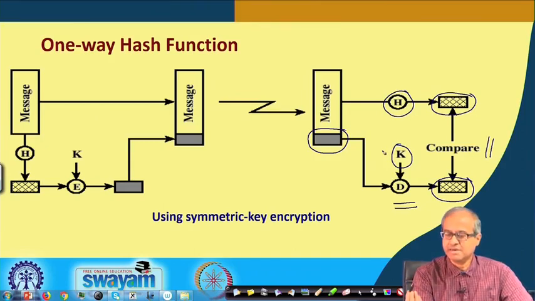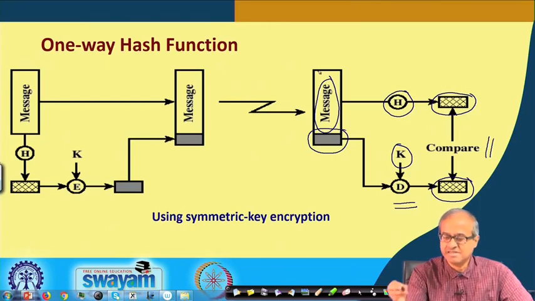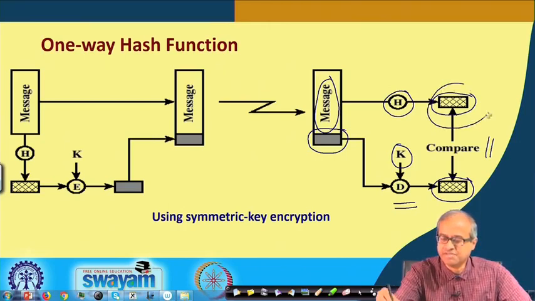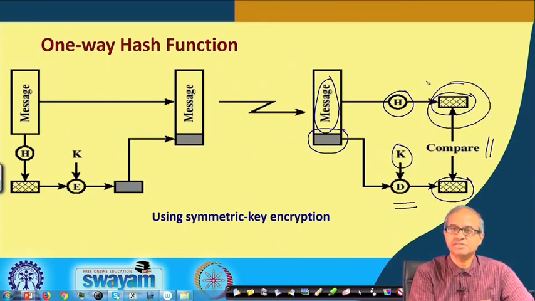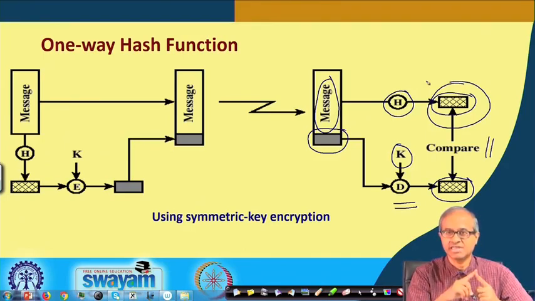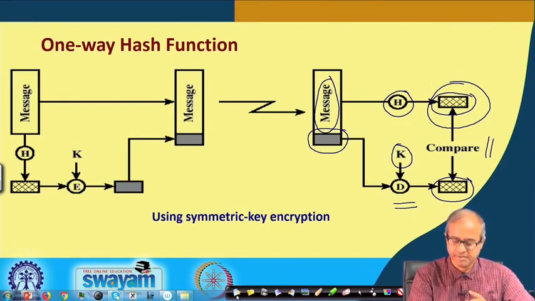Now, in addition, another thing we achieve here is that we also verify the integrity of the message, that the message was not modified during transmission, because if there was a modification in the message, then this hash value would have changed and so the comparison would have failed. So, two things we are achieving together, authentication and message integrity.